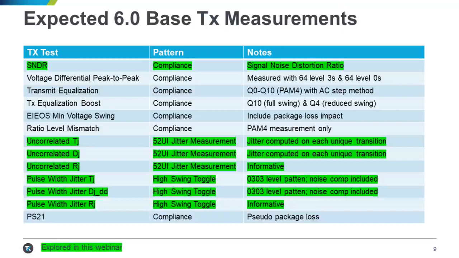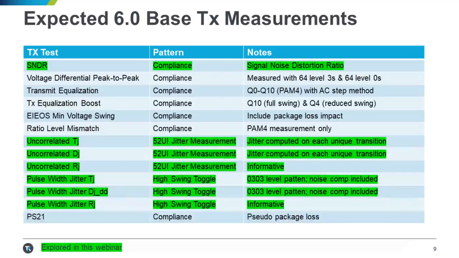Okay, so this is a full list of the expected Gen 6 base TX measurements. What I've done is I've highlighted in green the ones that we're going to focus on today, right? We expect to do future discussions on some of these other measurements, but there's been a certain amount of de-risking that's happened, internally within Tektronix.